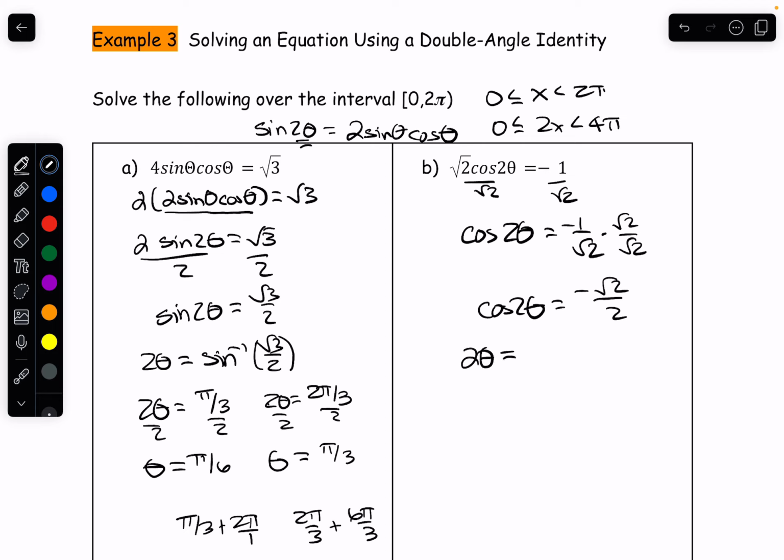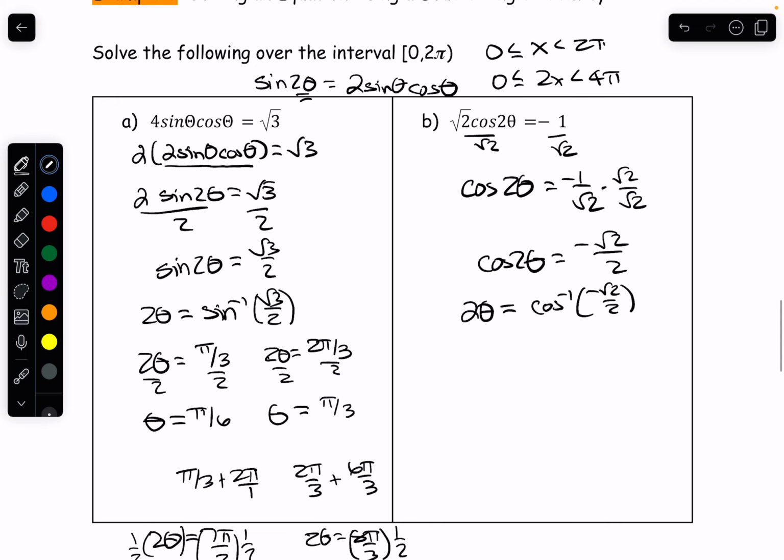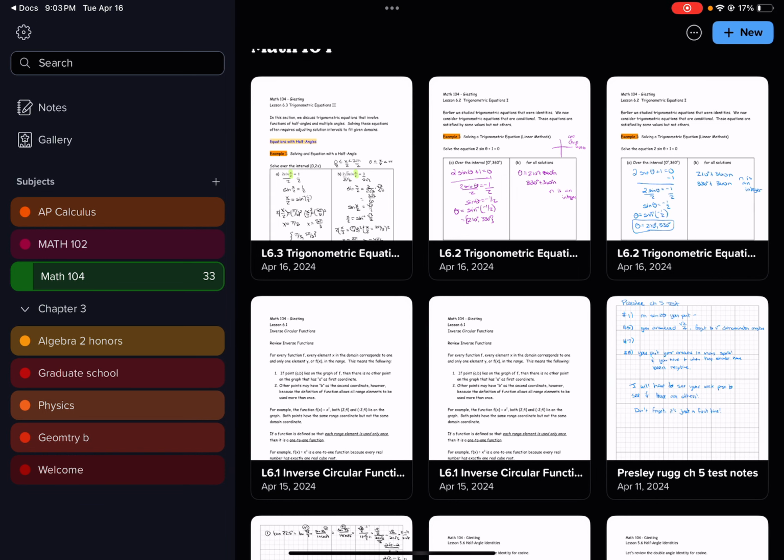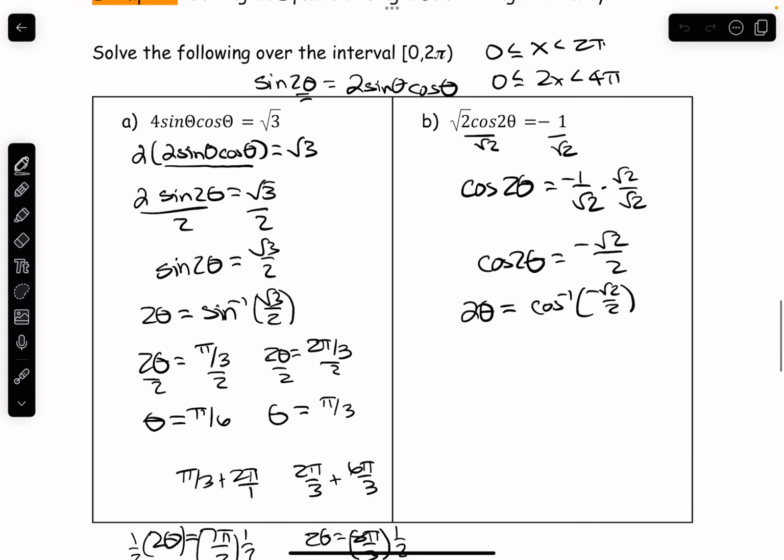So again, our 2 theta will equal the inverse cosine of negative square root of 2 over 2, which means that you're going to go ahead and look it up in your unit circle. That means that 2 theta could equal, cosine's negative in quadrants 2 and 3, so that means it could be 3 pi over 4, or 2 theta could be 5 pi over 4.